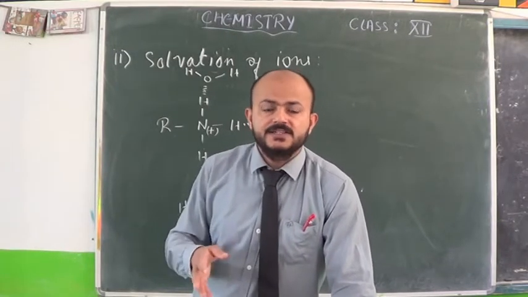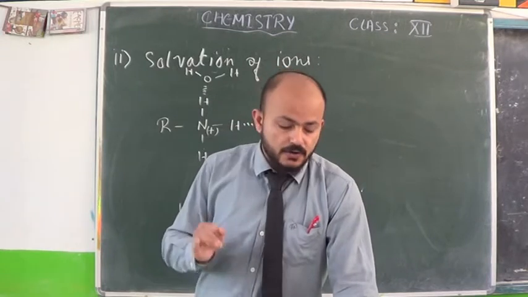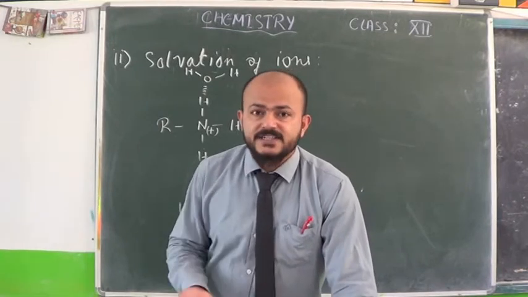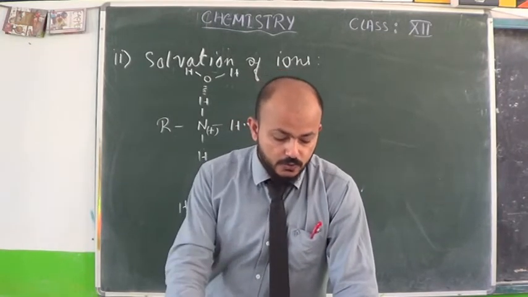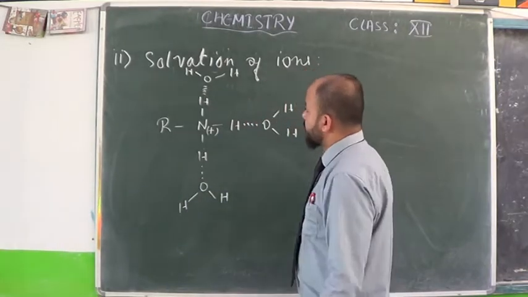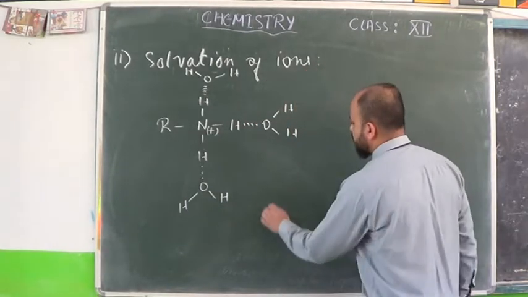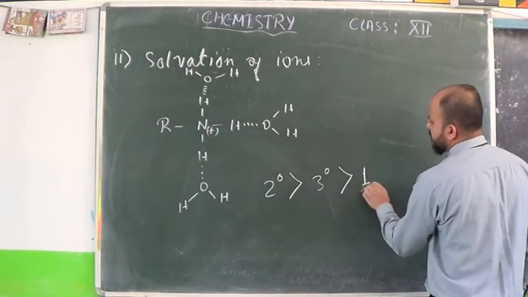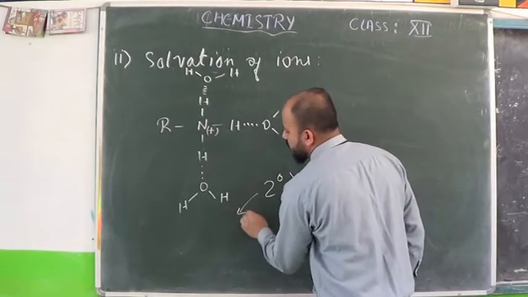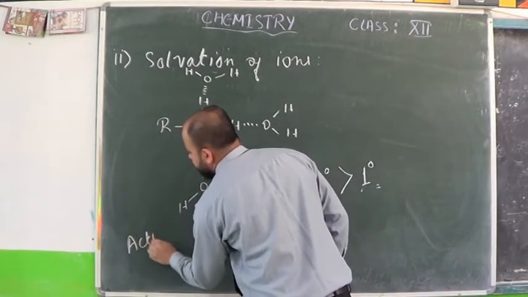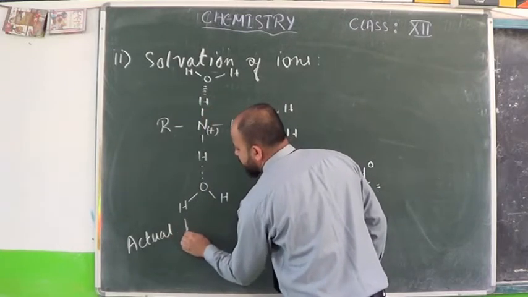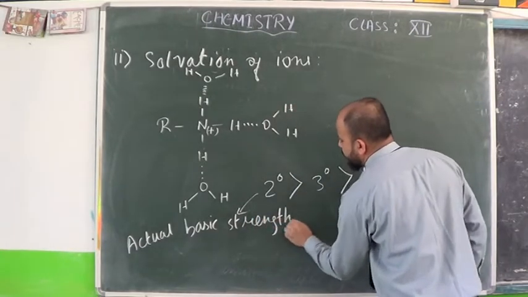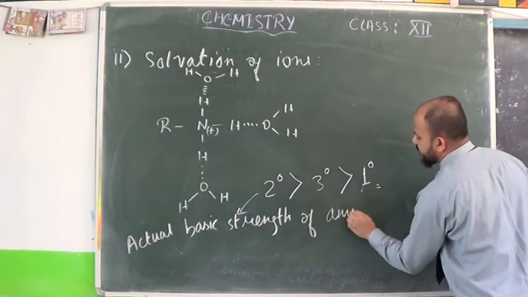Now whenever we combine these 2 factors, the steric factor and solvation of ion or hydration energy, and also account for the plus I effect, the inductive effect, we come to know that the basic strength trend is second degree, third degree, and then first degree. So this is the actual basic strength of amines.